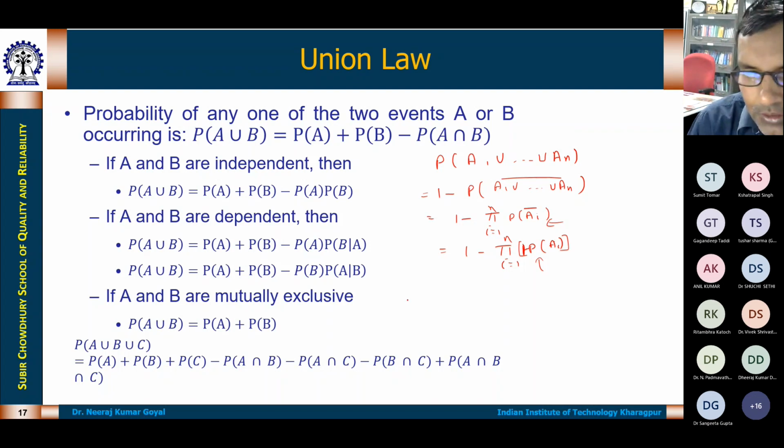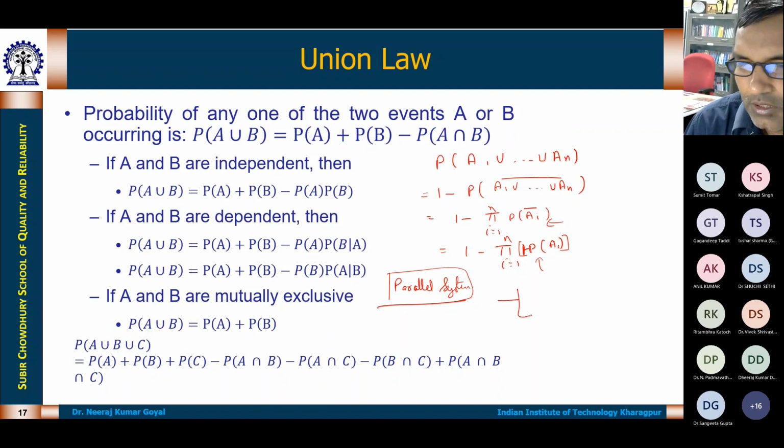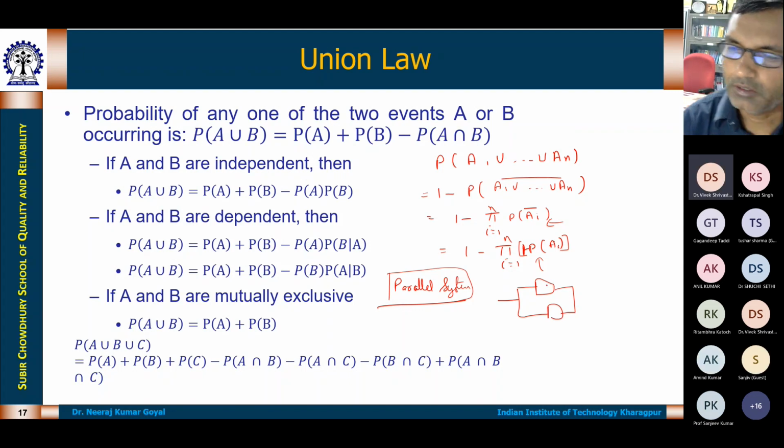Now this union law is used in the parallel system. A parallel system means systems which are redundant. That means if I have a system where two units are working in parallel, and one of the units fails, the system will not fail. The second unit will take over the functions and continue to work.